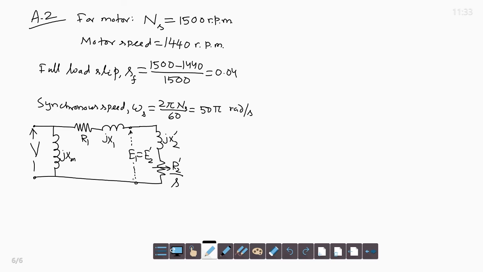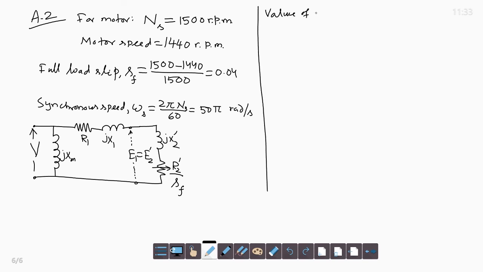So, this is the approximate equivalent circuit of the motor. So, when the slip of the motor is Sf, what is the value of EMF?